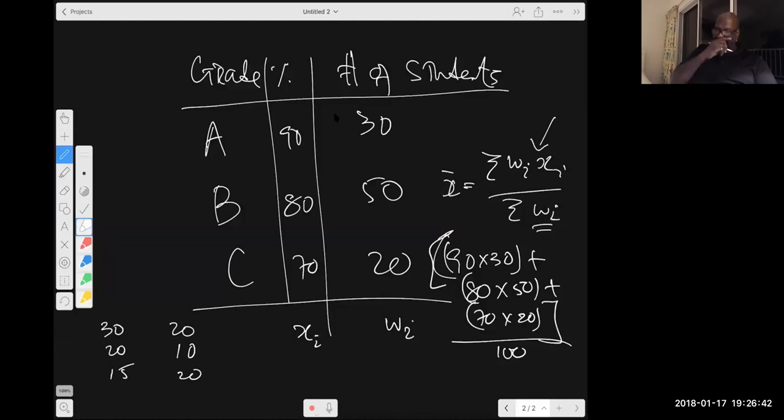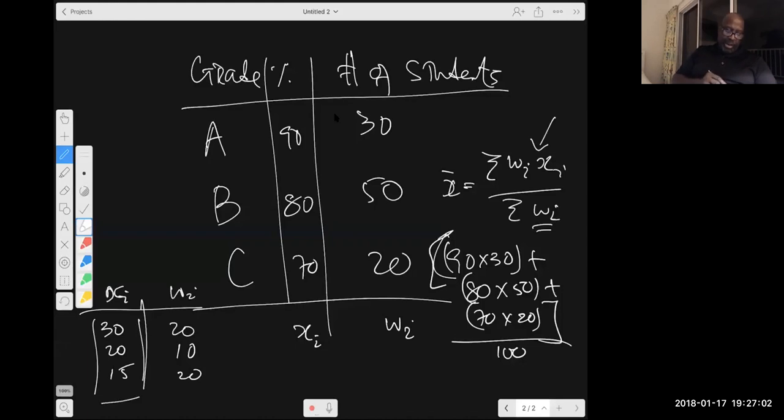If I want to find the average hourly rate that I'm paying for this group, then these would be my Xi's, and those would be the weights. The weights would be the number of people actually working for that amount of money. The Xi's would be the actual amount that they earn.